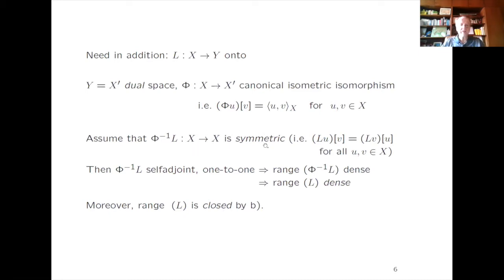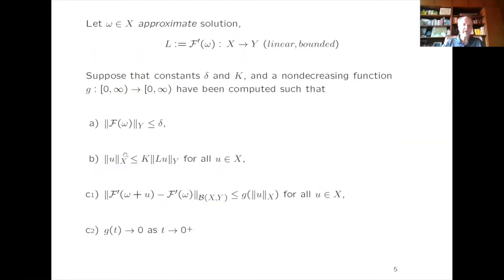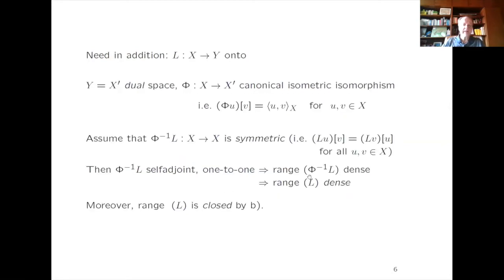So when we have that phi inverse L is symmetric, then we know, moreover, it's defined on the whole Hilbert space. And we know, of course, that symmetric operators defined on the whole Hilbert space are self-adjoint. Furthermore, phi inverse L is 1 to 1. This is by assumption, I go back one page, by this assumption here. And that implies that the range is dense.